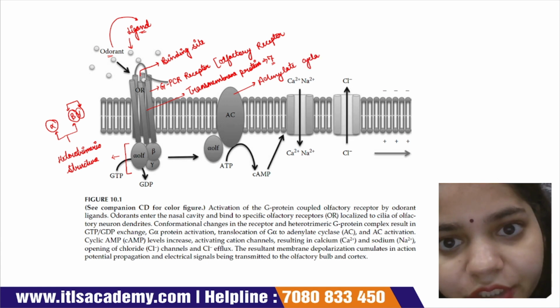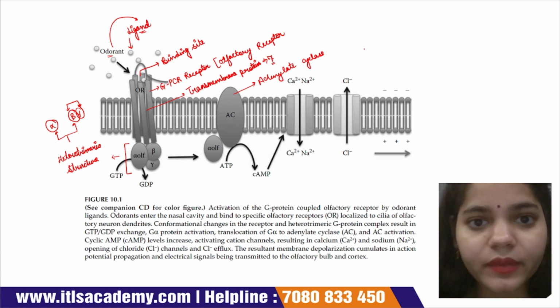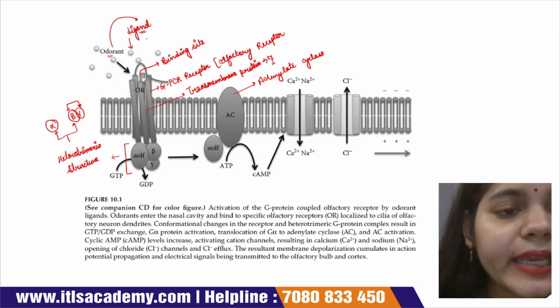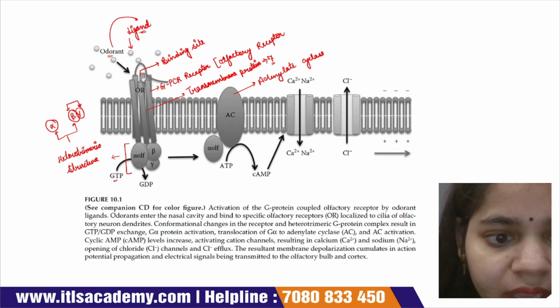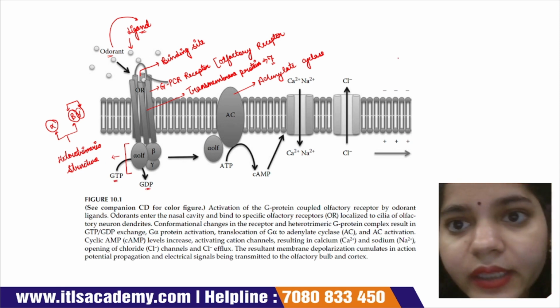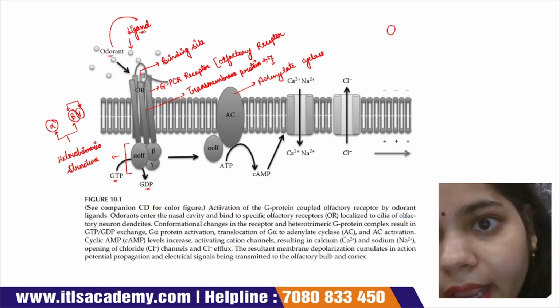It's a type of enzyme. Now whenever the ligand or odorant binds to this receptor, then GTP is converted into GDP. This is the alpha subunit, and this is the beta and this is the gamma.